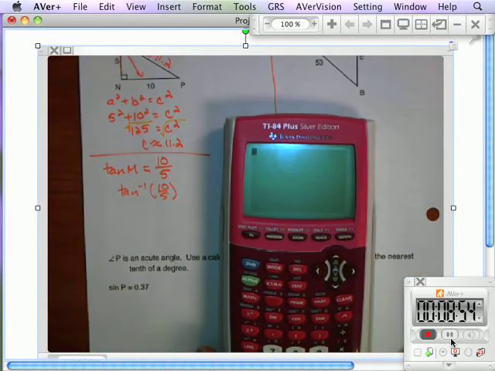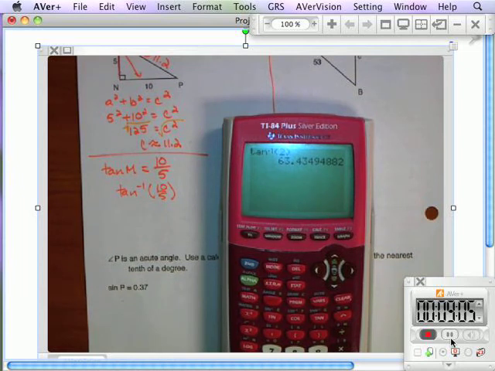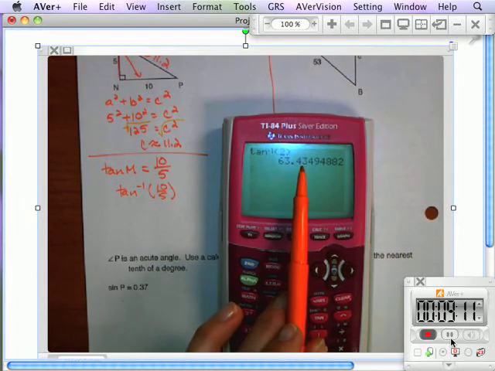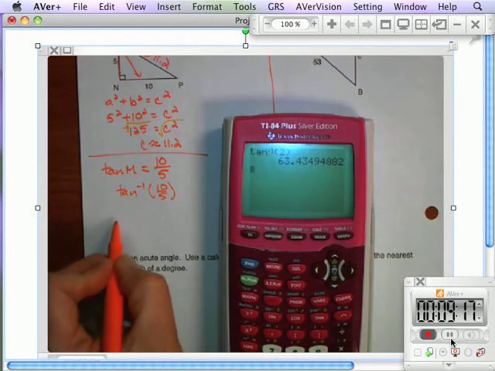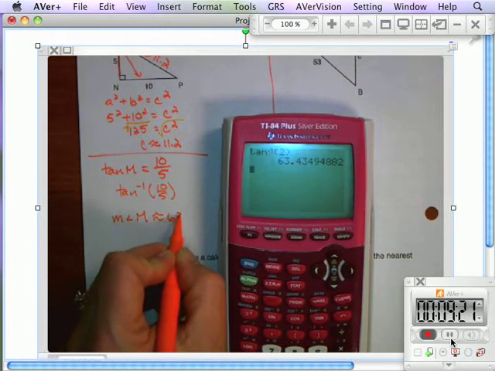Inverse tangent of 2. Because 10 divided by 5 is 2. So I get that. And if I round to the nearest tenth, here's the tenth spot. What's after it? 3. So what do I do with these numbers? Just drop them off. So the measure of angle M is approximately 63.4.